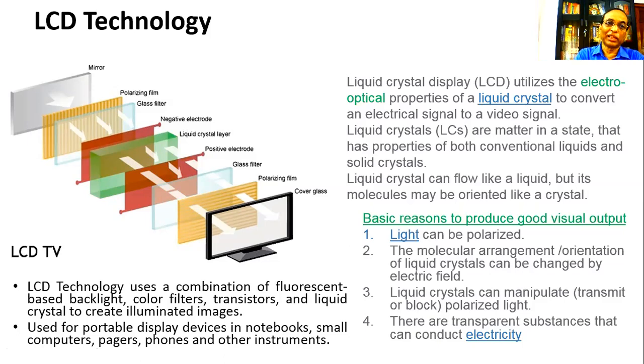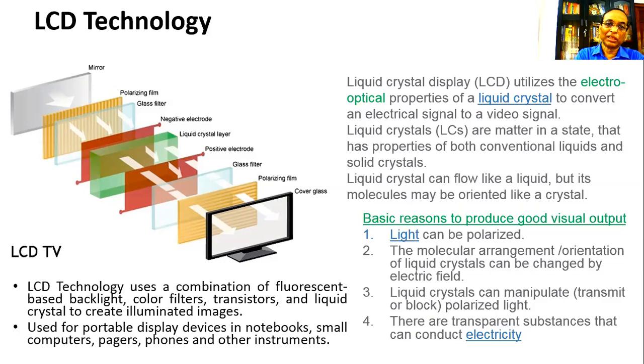Other than that, there will be polarizing film, and the light will be either generated at the face of the mirror, or from some other source the light will be reflected by the help of the mirror, and it is passing through the polarizing film.